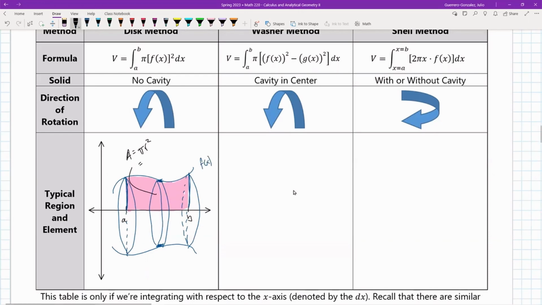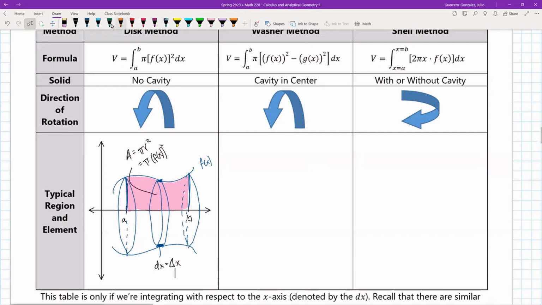So this ended up being pi times f of x squared, and our depth, the little thickness here, was our dx, which ended up being our delta x. That's how we constructed this volume.